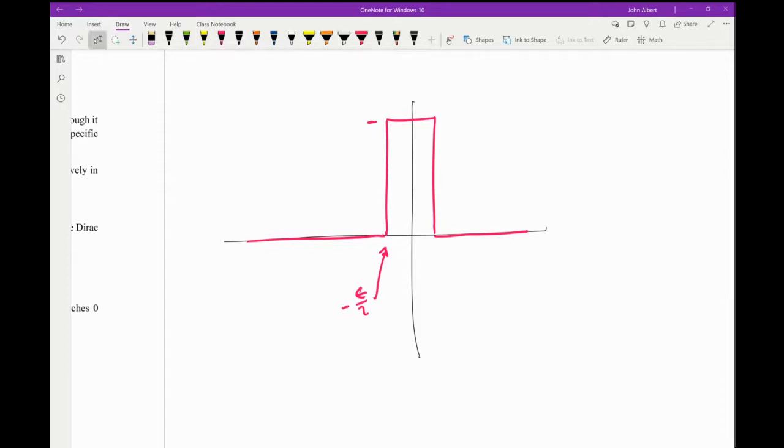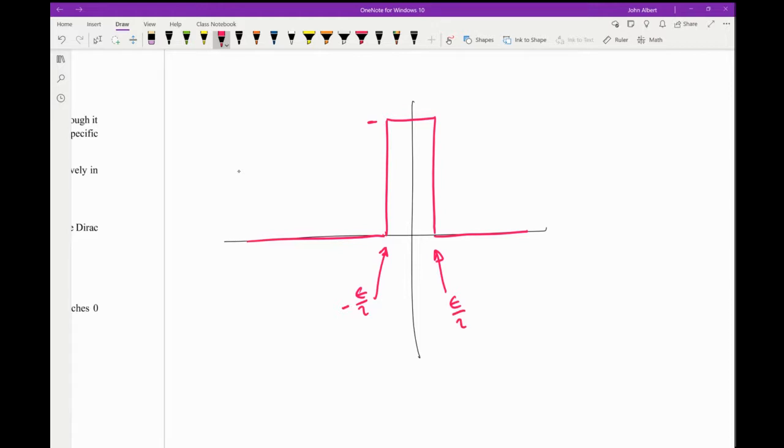So let's say that this rect function increases at the value of epsilon over 2, where epsilon is a value. It could be 1, it could be 0.5, it could be 0.2, it could be 10. Anyway, it's a real value. And then this rectangular function goes to a specific value that I'm going to talk about in a minute, and continues at that value for a while, and then goes down at epsilon over 2.